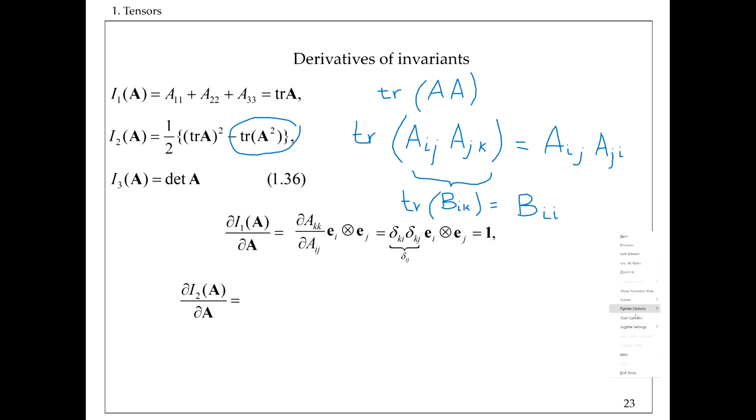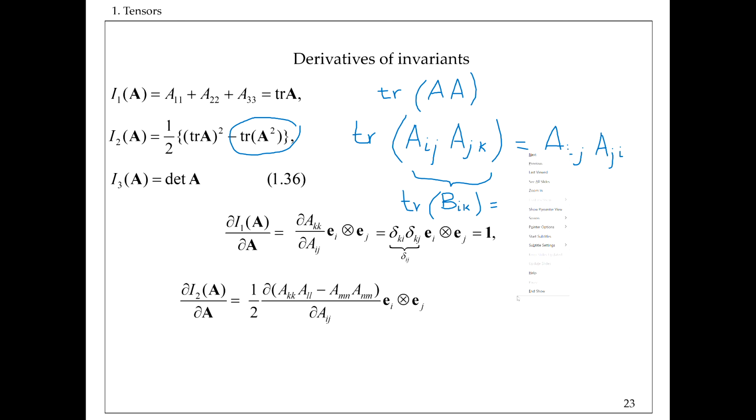Let me return to what we wrote here. The first one is again akk multiplied by another trace, we decided to use ll, it doesn't matter, some repeating indexes. So one trace multiplied by another, the trace squared, the first term in I2. The second term is what I tried to emphasize here.